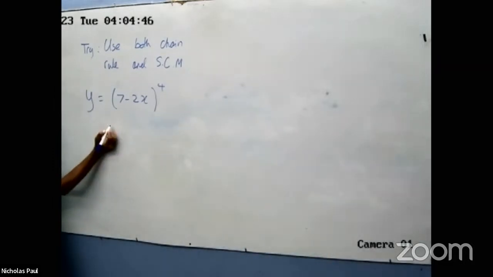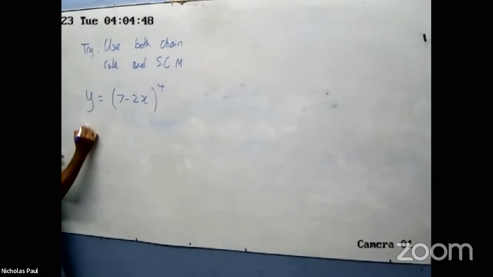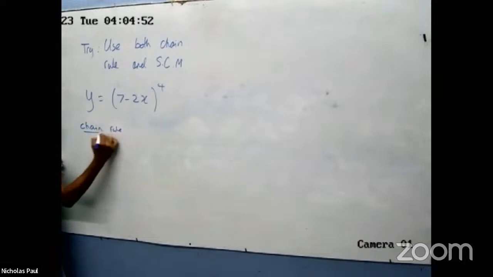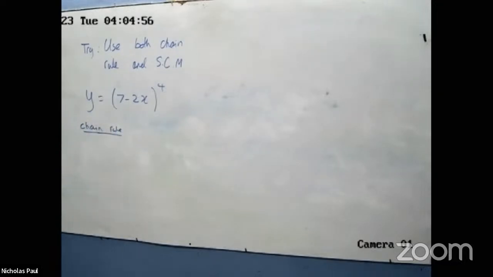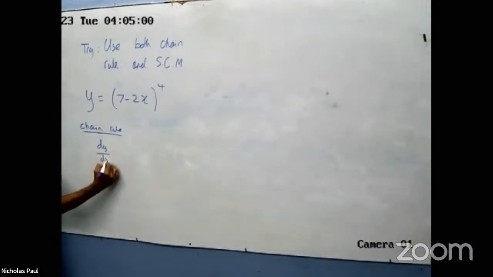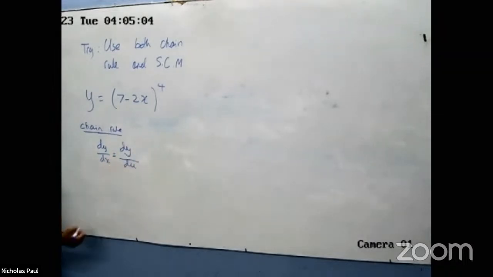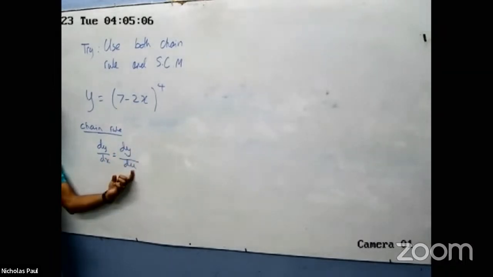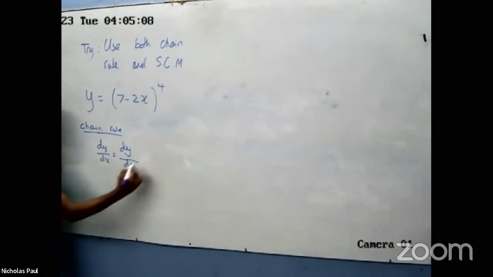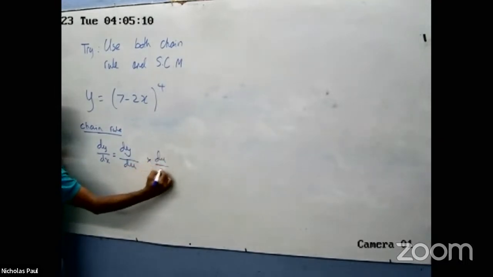All right, so first method, chain rule. For those who knew, chain rule is a technique used to differentiate things like this. But in order to use chain rule, you have to use this formula: dy/dx is equal to dy/du by du/dx.